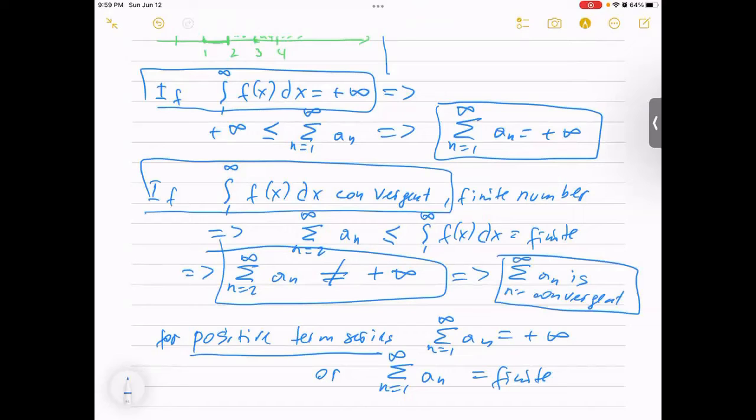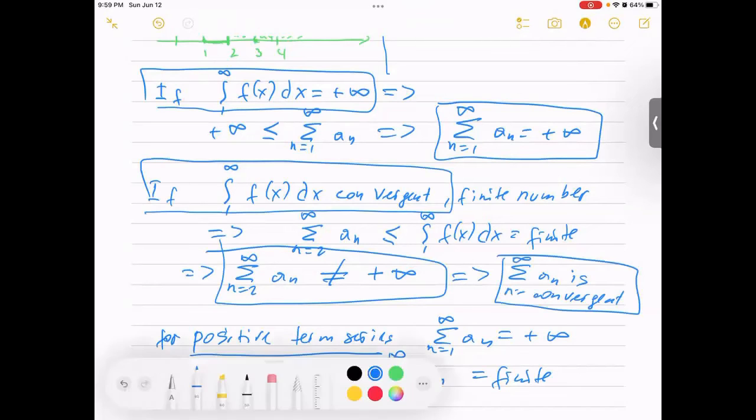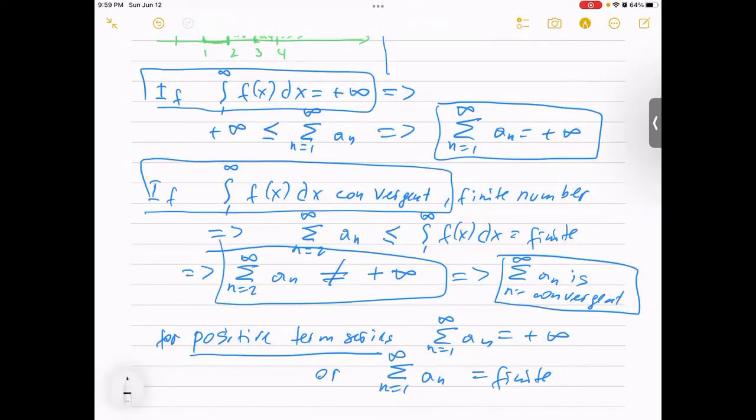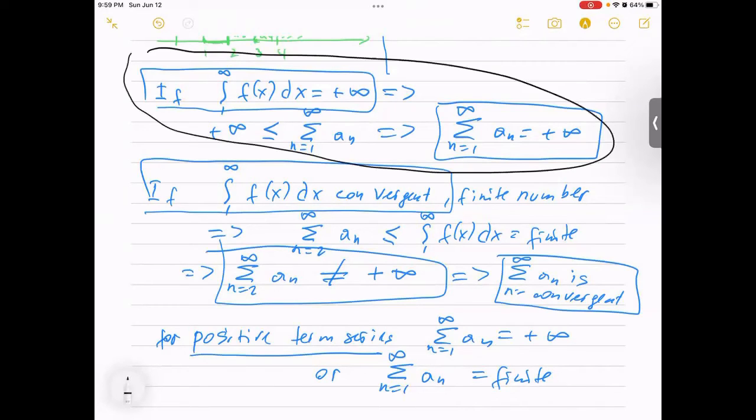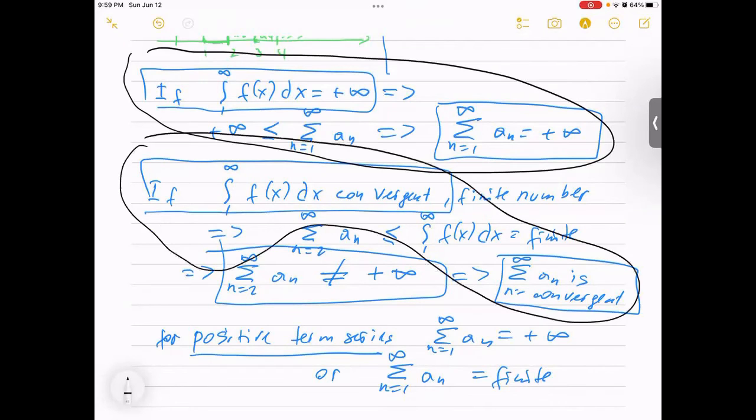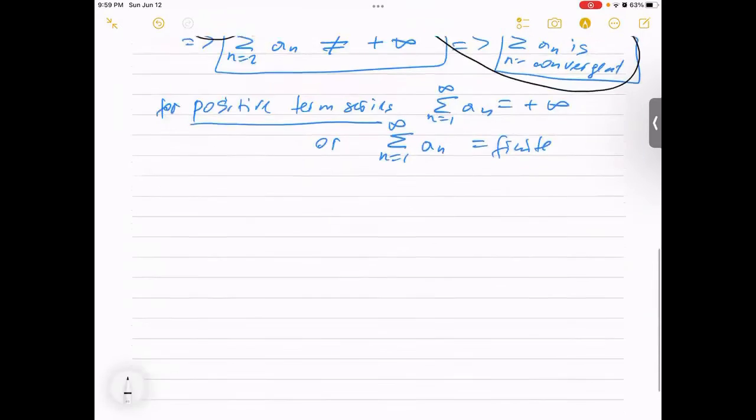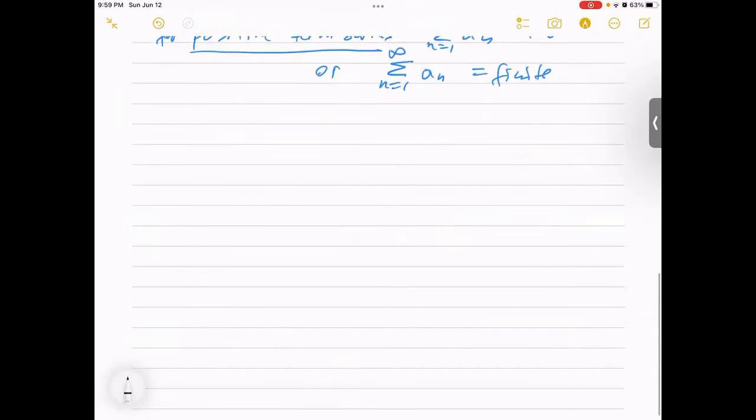Okay. So if I now put these two pieces of information together, I'm going to be able to write down the so-called integral test. Let me summarize it and write it down in a more formal way.